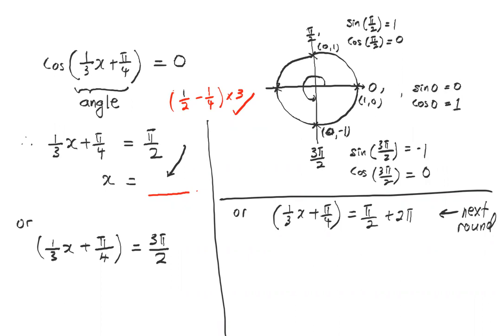Like this case, I want to know my x, correct? So first of all, I will key into my calculator 3/2 minus 1/4. After that, I times 3. Then I times pi. Then I can just straight away write down the answer.